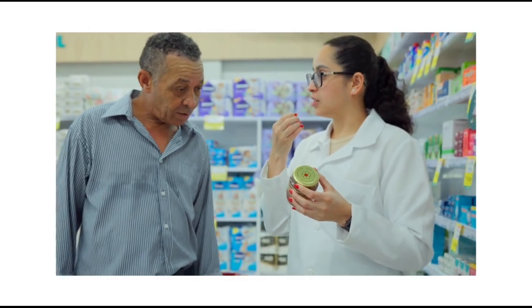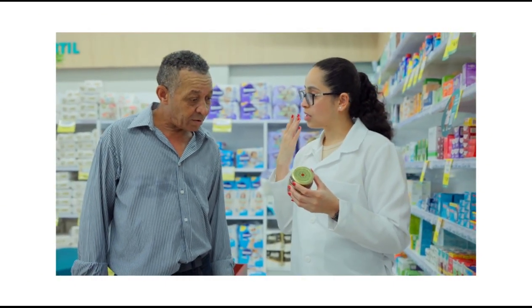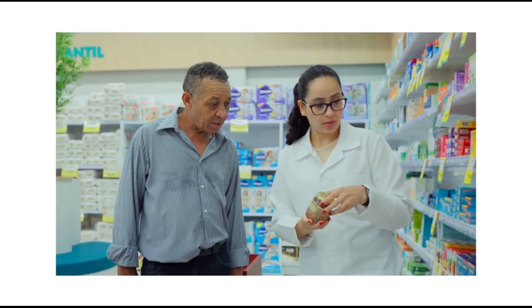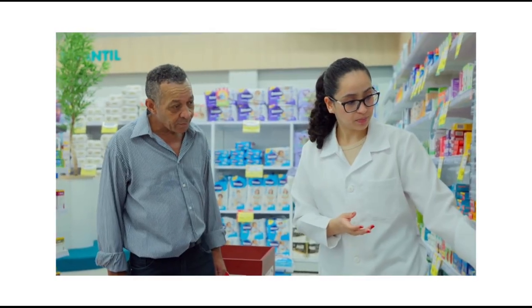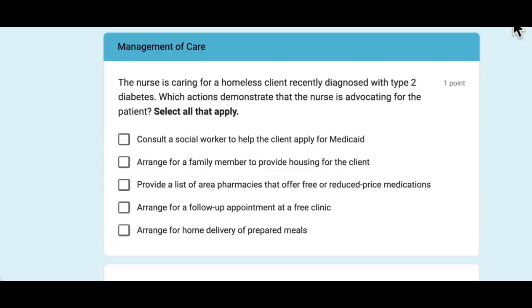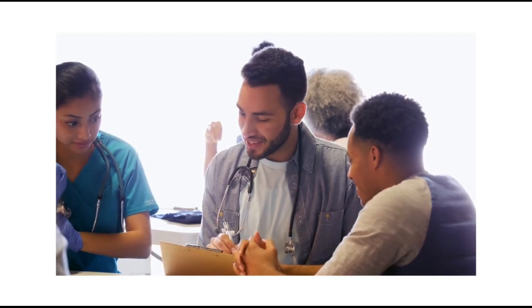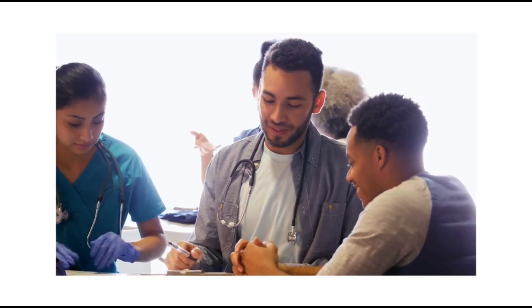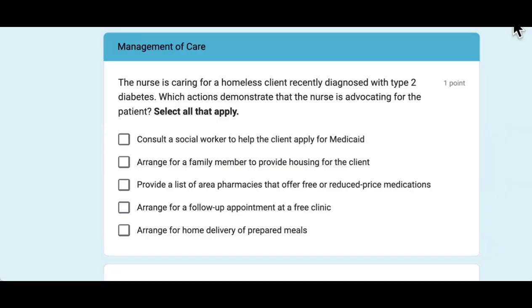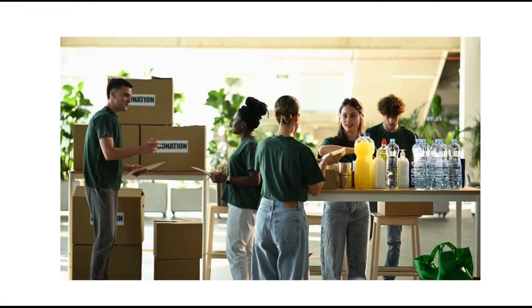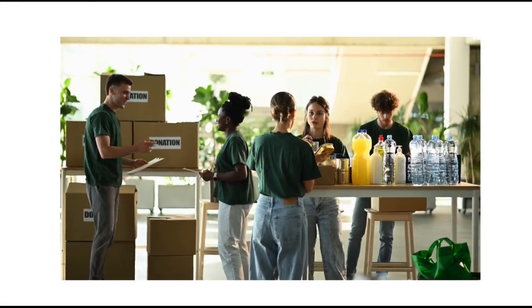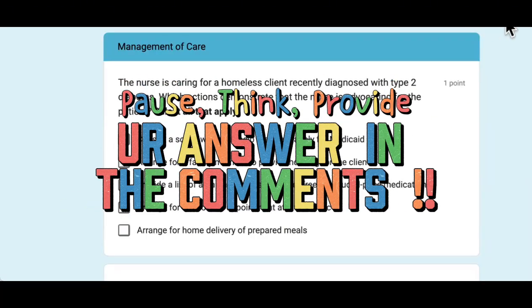C is provide a list of area pharmacies that offer free or reduced priced medications. D is arrange for a follow-up appointment at a free clinic. And E is arrange for home delivery of prepared meals. Let me know in the chat your ideas about the correct answer to this question.